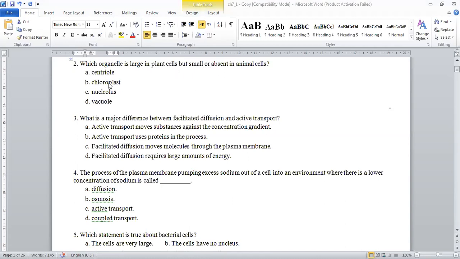In animal cells there is no chloroplast. We have centriole and nucleus, so those may exist, and if a vacuole exists, it will be very small. So the answer is D.